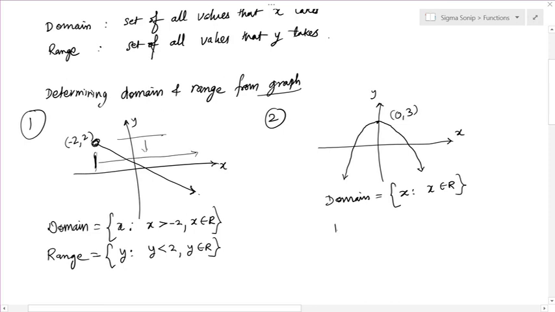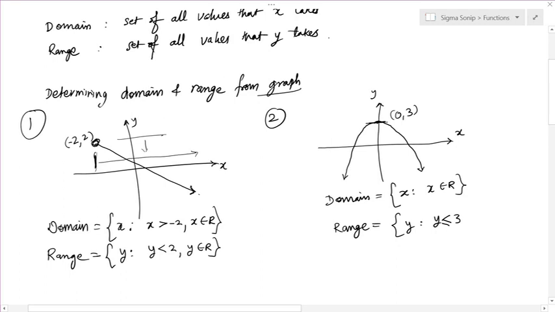And range: we see that this is the maximum value of y, which is 3, and then y is always less than 3. So this is y less than or equal to 3. Just remember that, because that point is the maxima of this quadratic, this parabola, and it is on the graph.